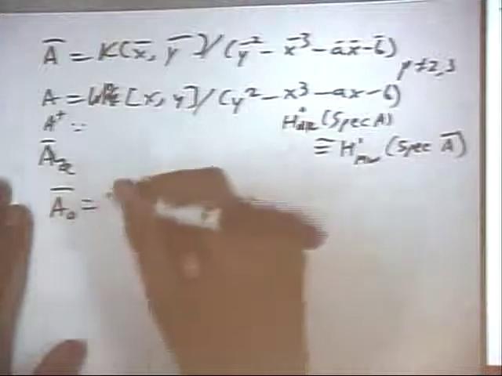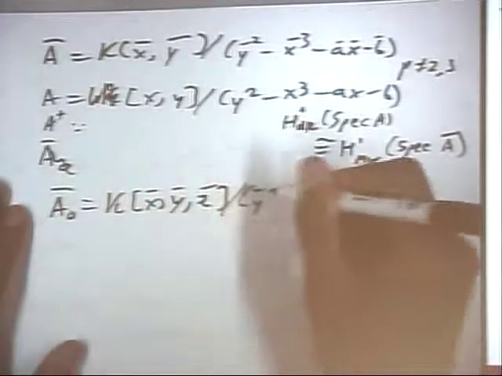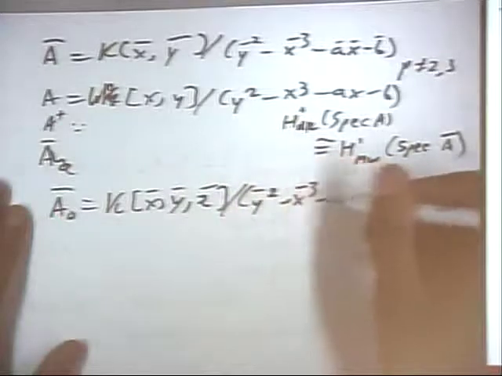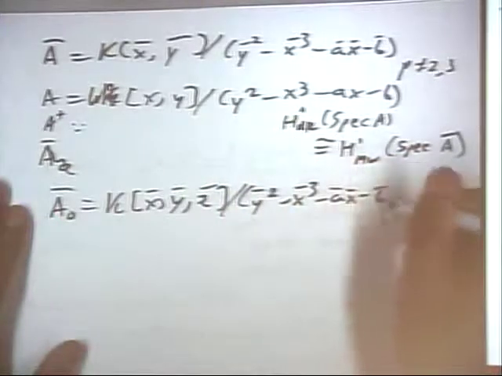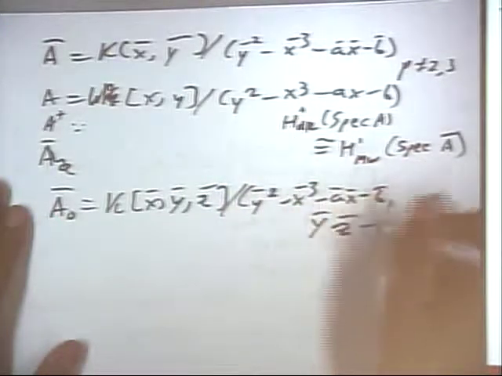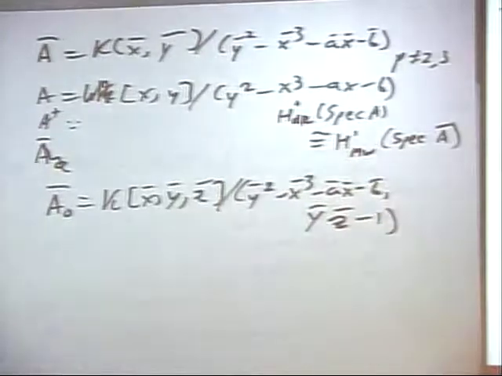Okay, so here's a variation, which turns out to be better. Now what I'm going to do is take out more points. So y bar, z bar minus 1. So I've taken out the points where y bar vanishes. Those are all the Weierstrass points, which is just to say the 2-torsion points.